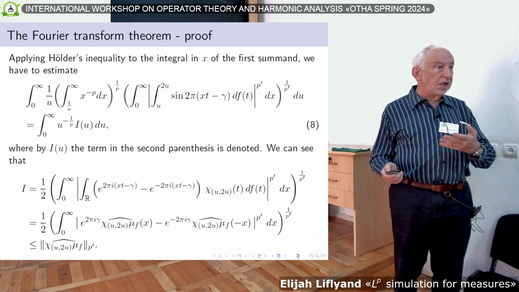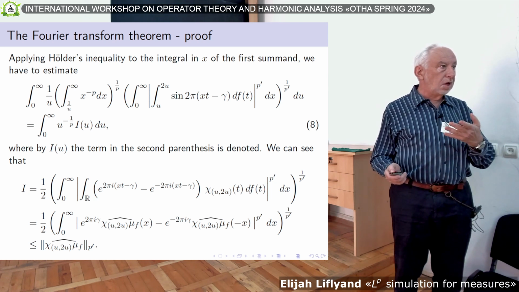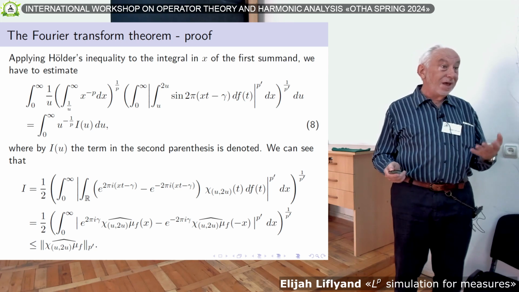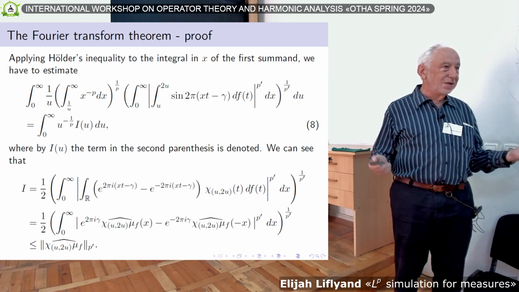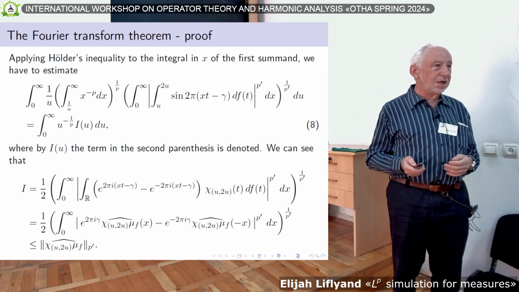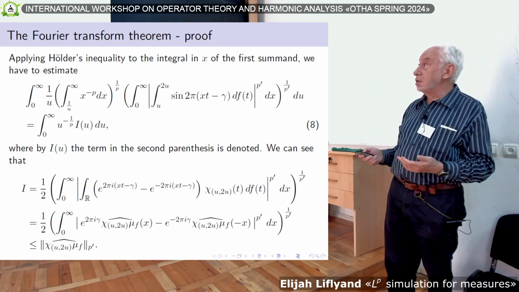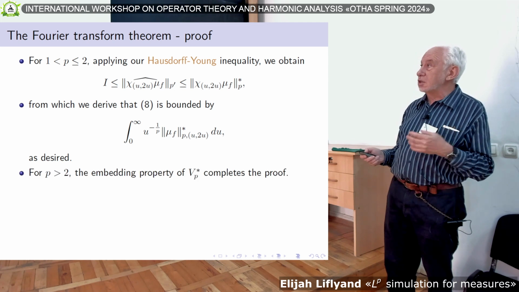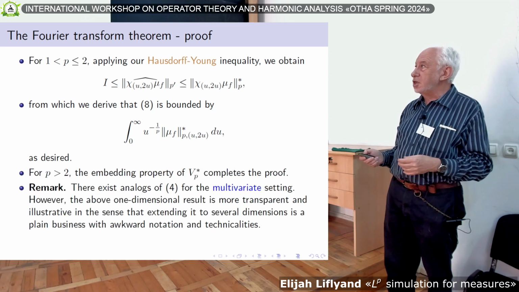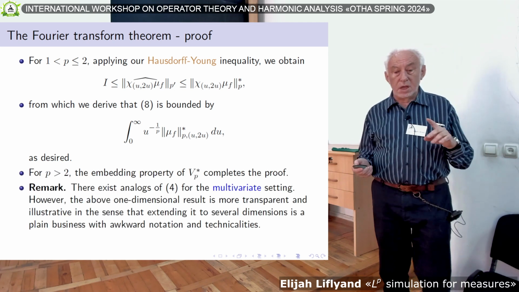Here we need an analog of the Hausdorff-Young inequality, and we do have it. We have obtained it above, and we apply it, and by this we arrive at the needed result.